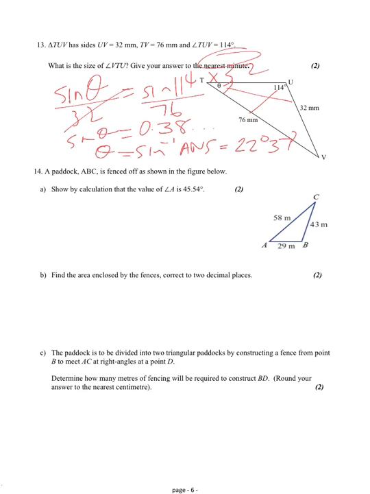Alright, so show by calculation that the value of angle A is 45.54. Now, we're not going to use that, we're just going to get that answer at the end. So we have three sides and we're finding another angle, so the cosine rule. So cos A equals, that needs to be at the end, so 58 squared plus 29 squared minus 43 squared, all over 2 times 58 times 29.